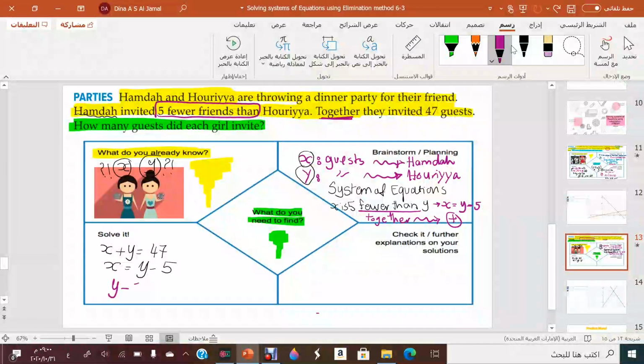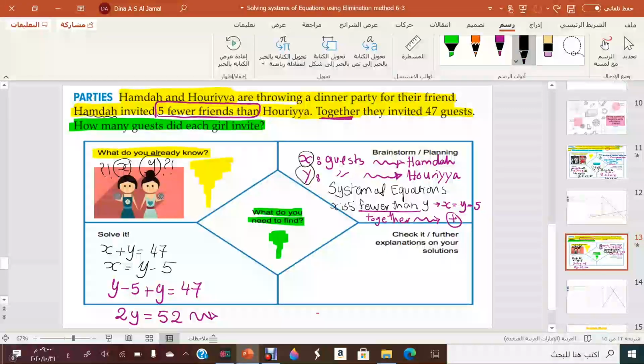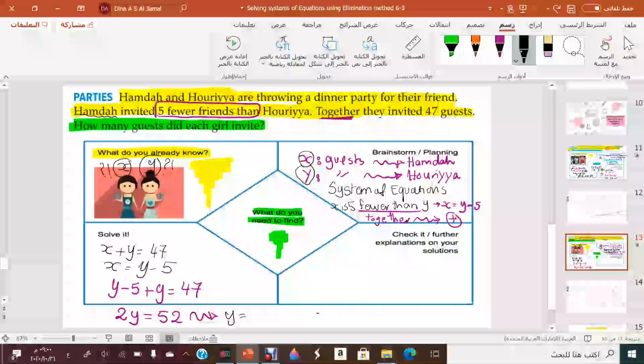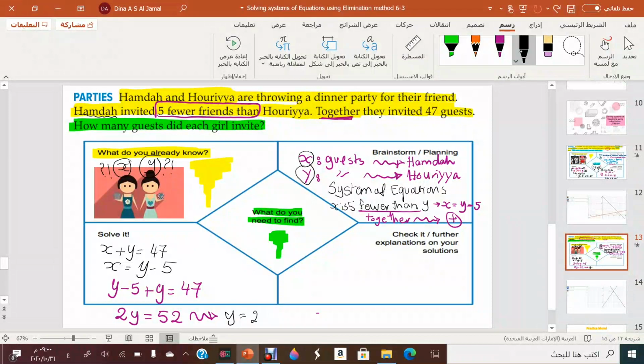So it will be y minus 5 plus y equals 47. By the substitution method, 2y, and move the 5 to the other side, it will be 52. Now, if you solve this equation, you will be having y to be 26 guests.